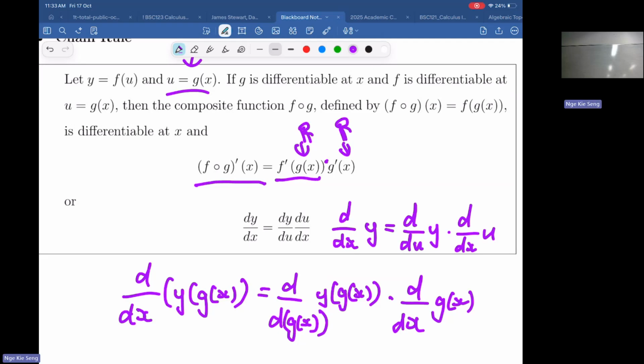Make sense or not? You can only differentiate a function with respect to a variable inside it. Otherwise, you get 0 because there's no variable. The function is not changing. So you see why we can do d over dx on y, because there is a variable x inside. I can differentiate y of g of x with respect to g of x because g of x is its variable. And then you differentiate g of x with respect to x because g has variable x.